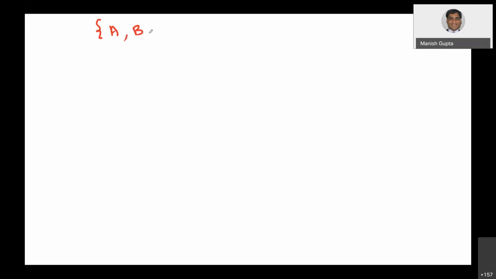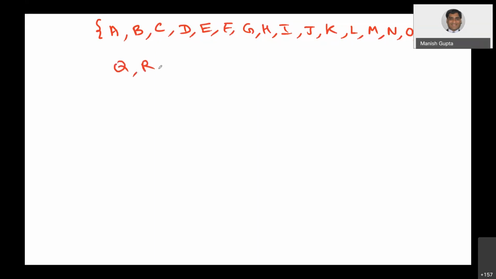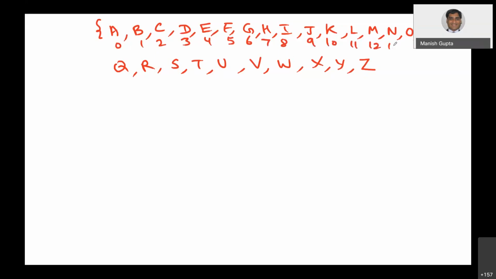Suppose we take all the alphabets A, B, C, D, E, F, G, H, I, J, K, L, M, N, O, P, Q, R, S, T, U, V, W, X, Y, and Z. I can assign them numbers 0, 1, 2, 3, and so on up to 25.